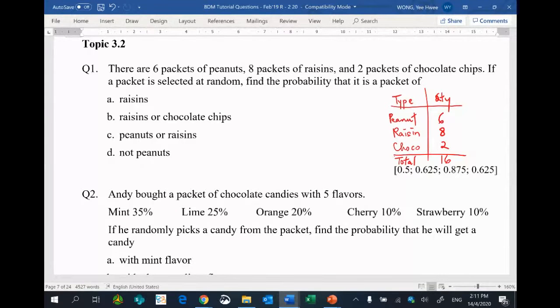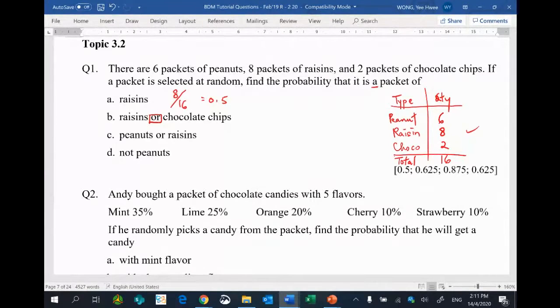What's the probability that you only pick up one packet of raisins? How many raisins you have? 8. So answer will be 8 out of the 16. So answer is 0.5. Raisins or chocolate chips. Okay, you have the magic word here.